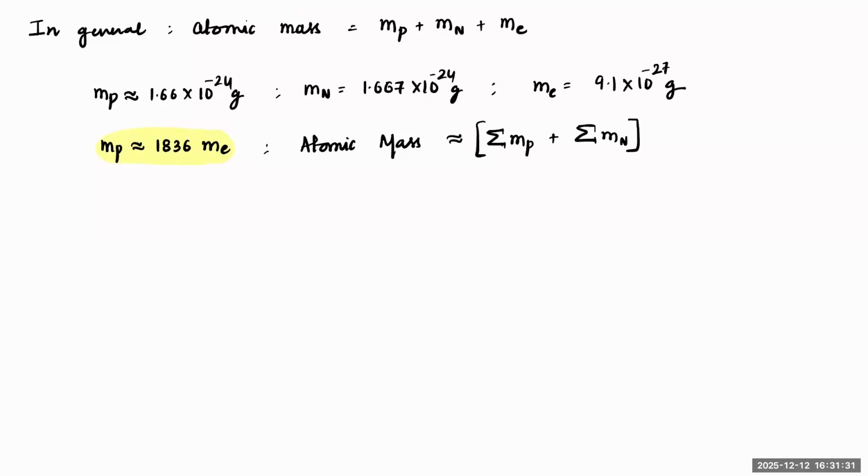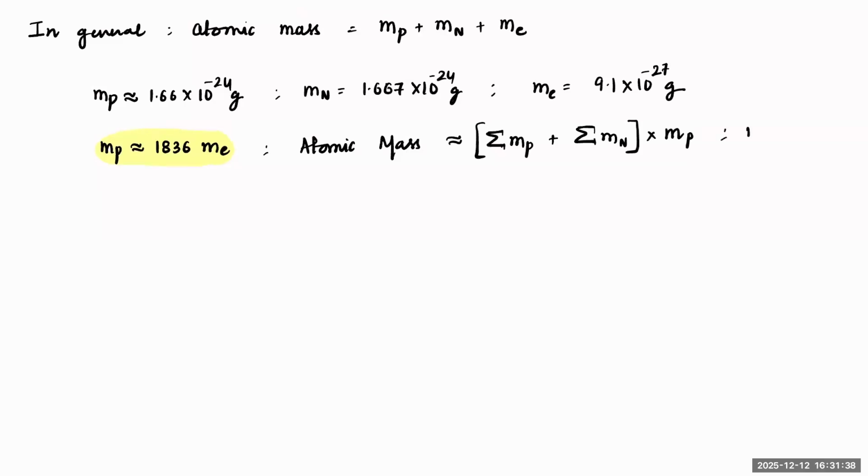This entire thing multiplied by mass of either proton or neutron. Here we are considering that the mass of proton and mass of neutron is one and the same. And this summation is what we call the number of nucleons. Okay, this is nucleons multiplied by mass of proton.